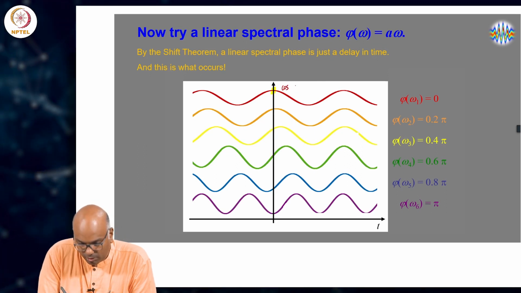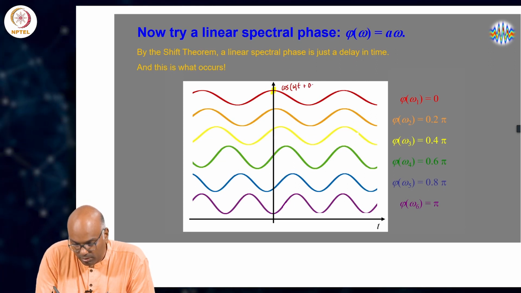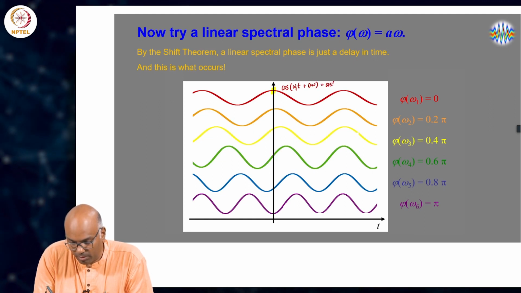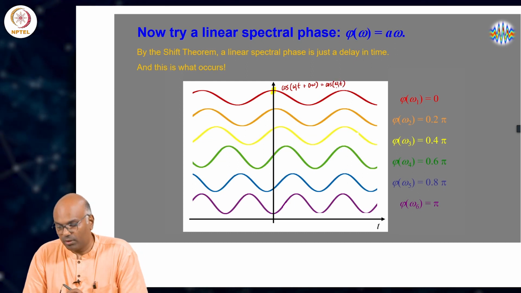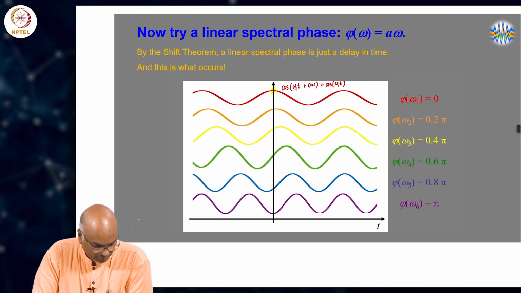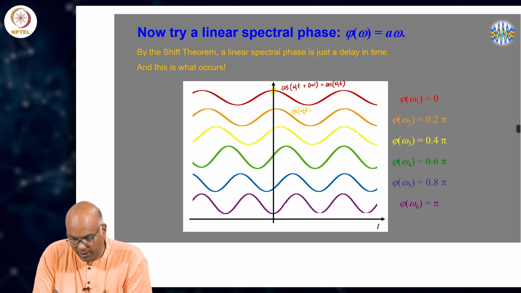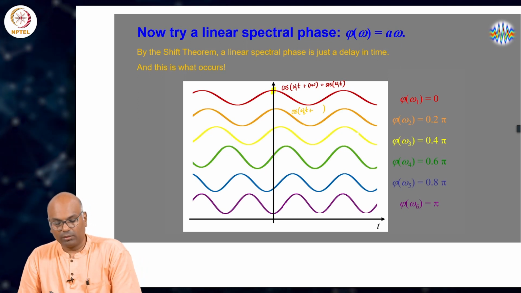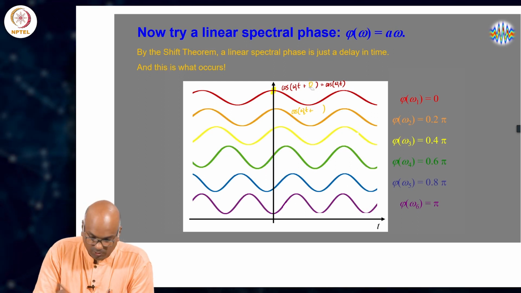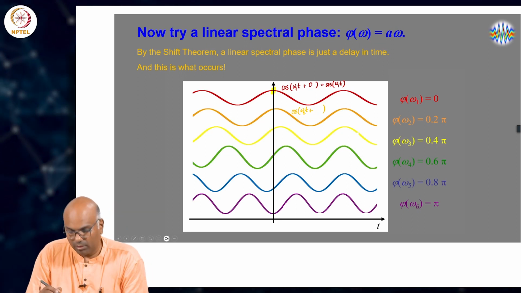This is cosine of omega 1 t plus 0. Now, the next one is cosine omega 2 t. No, sorry, there is no omega dependence over here. This is just plus 0. Sorry about it. It's a value, right? The dependence will have to be pulled out by us, plus 0.